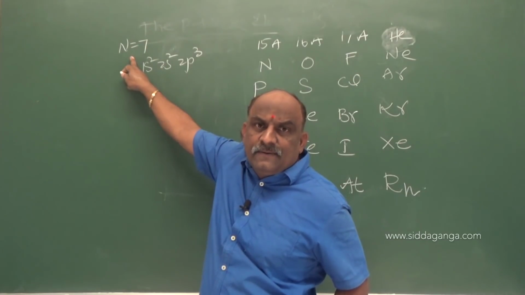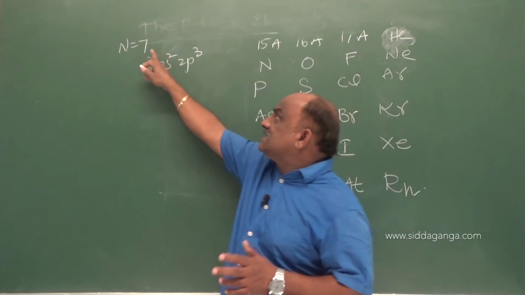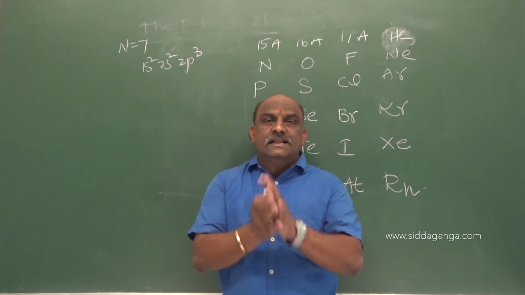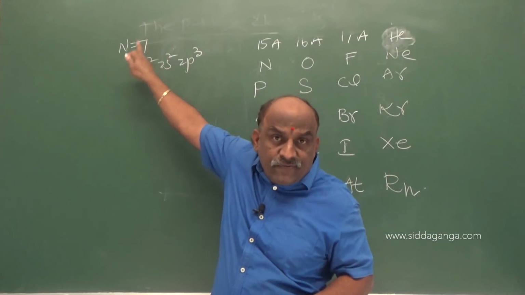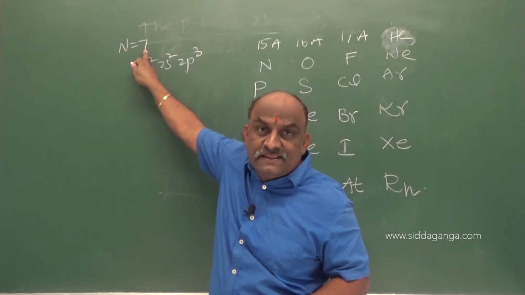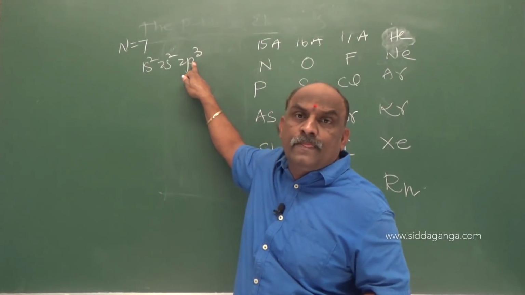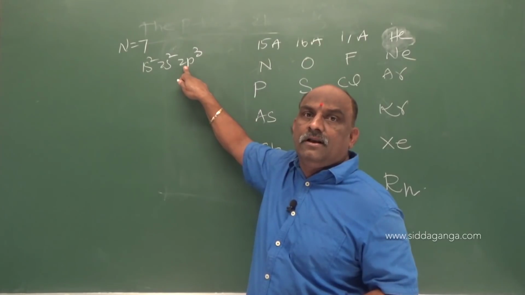So, the nitrogen atom contains 7 electrons. The 7th electron is called the last electron, the differentiating electron. The 7th electron, the last electron, enters into the p subshell, the p orbital.